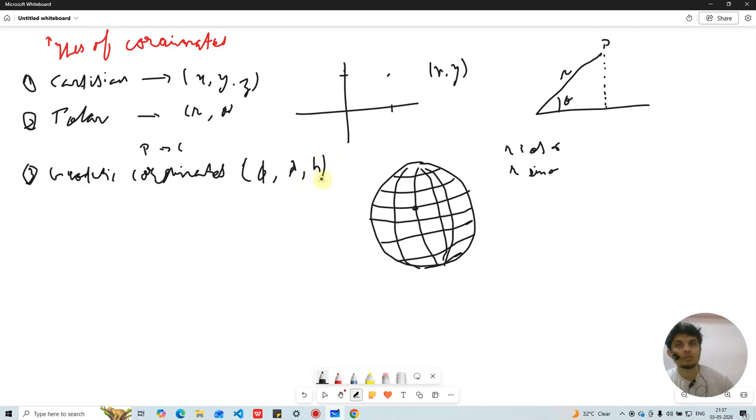So we have geodetic coordinates, and when we are dealing with geodetic coordinates, it's really important to realize that we use an ellipsoidal model of Earth. Earth is not a perfect sphere. We use an ellipsoidal model of the Earth, which is standardized as WGS84.